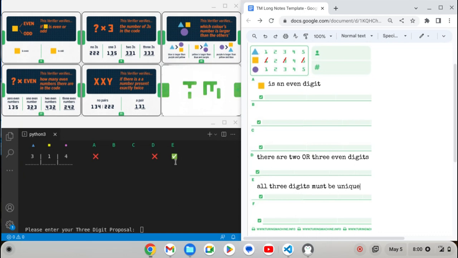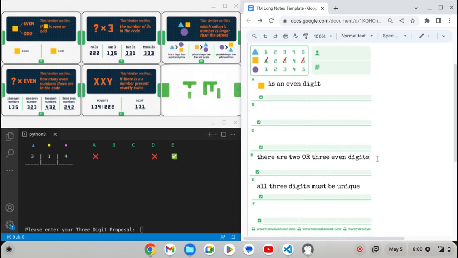Notice that in combination with D and E, if we have 2 or 3 even digits, and E is that they all have to be unique, that actually means that there can only be 2 even digits. Remember, we can't have a pair. So that means that we definitely have to have a 2 and a 4, and no longer 3 digits.